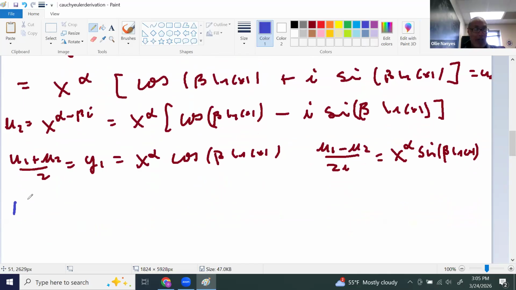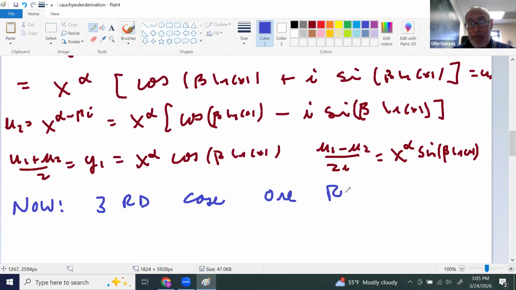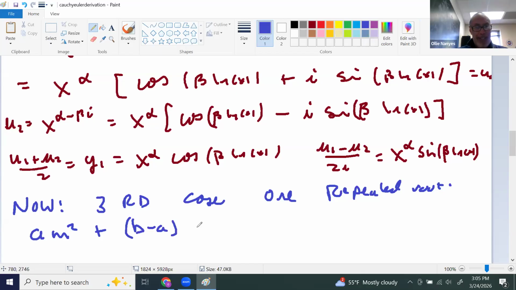So now, what happens if we have the third case? That's where it gets interesting, where we have one repeated root. That is our initial equation, a m squared plus (b minus a) m plus c is 0, and this is a perfect square.